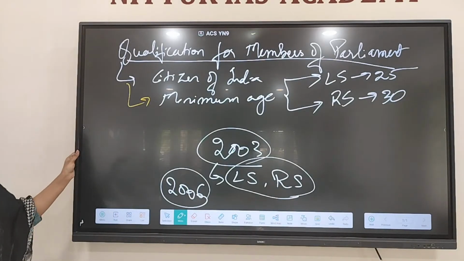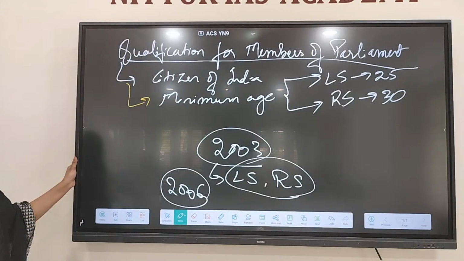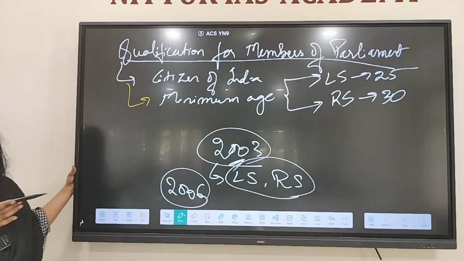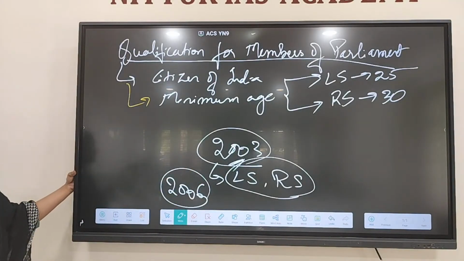Any elector, he or she can contest the elections throughout India, irrespective of where he or she was born. Understood? Till 2003 one had to contest in a particular state only, but since 2006 that was removed.